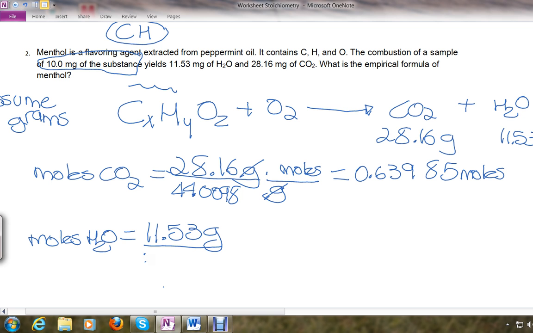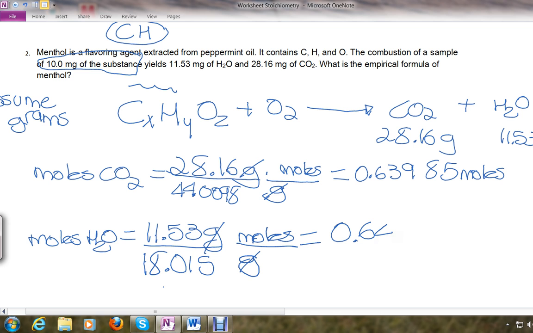So we got divided by 18.015 grams per mole, and for water it's going to give you 0.64 moles.